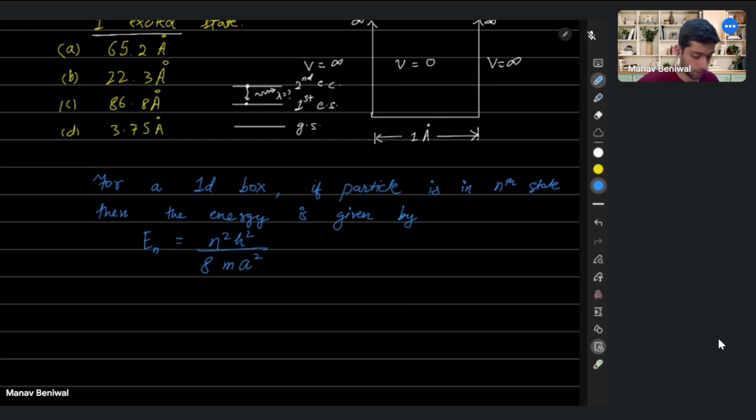Okay, so first excited state means n is 2. Second excited state means n is 3.